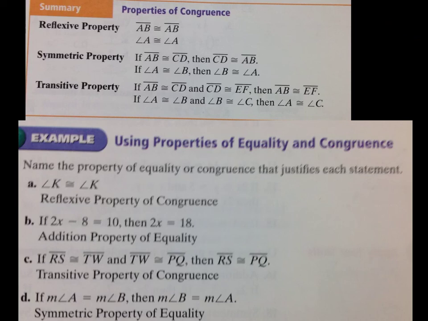But again, if you just say transitive property, I'm fine with that. And last, if the measure of angle A equals the measure of angle B, then the measure of angle B equals the measure of angle A. If the first thing equals the second and the second equals the first, then we have the symmetric property of equality.